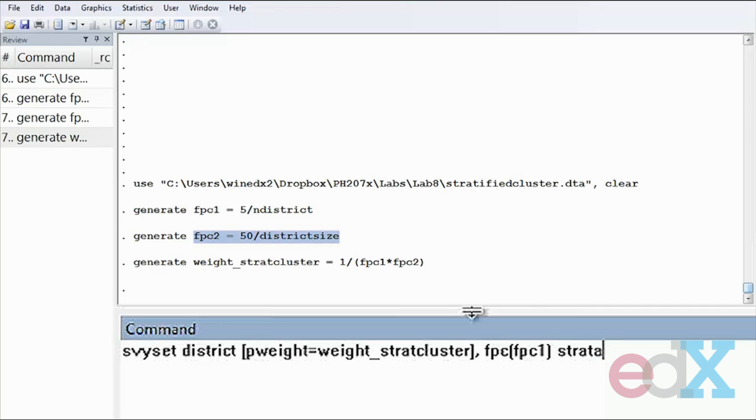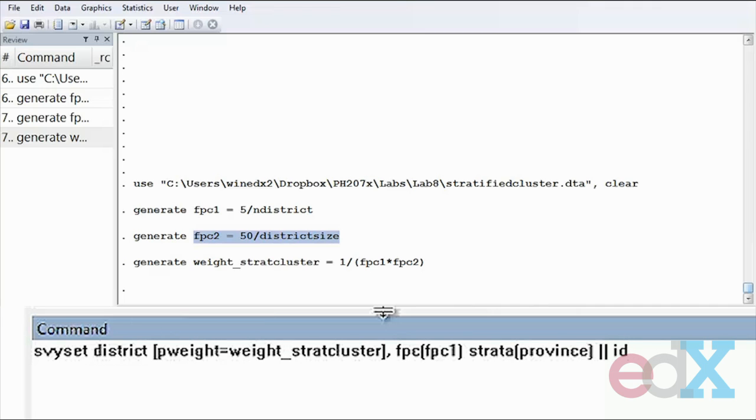And then again, because it's a stratified cluster survey, we have to specify our strata. In this case, our strata are the provinces, so I just put province in the parentheses. The double bars tell Stata that now we're going on to the next stage of sampling. Within a district, I sample people based on the unique identifier contained in the variable ID. And then I specify my second stage population correction, FPC2.